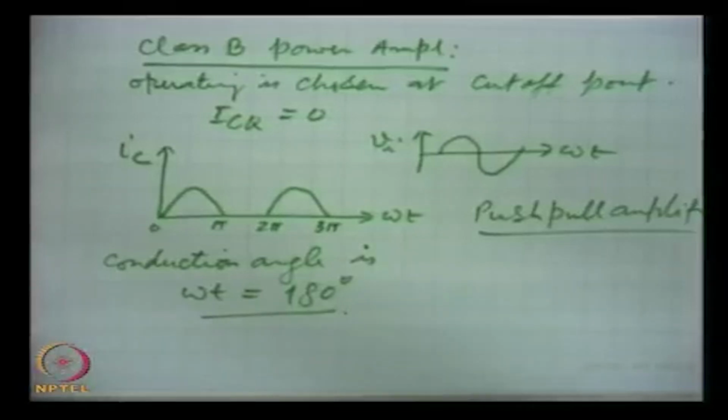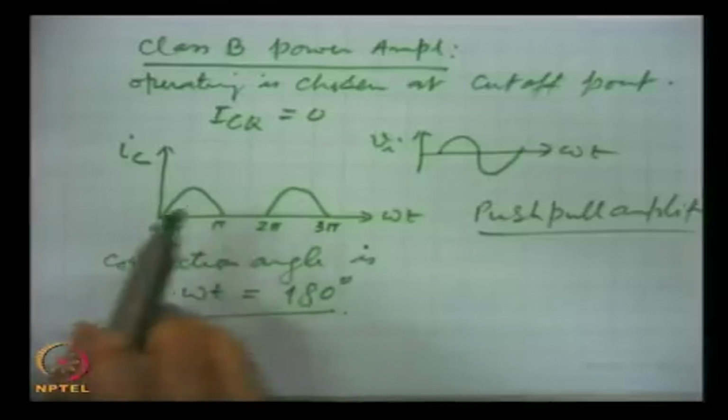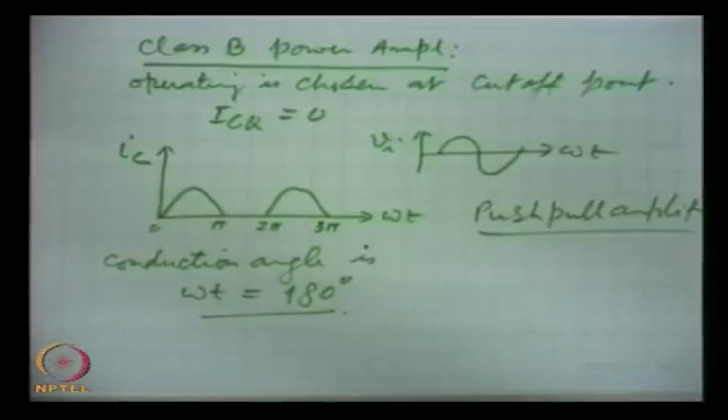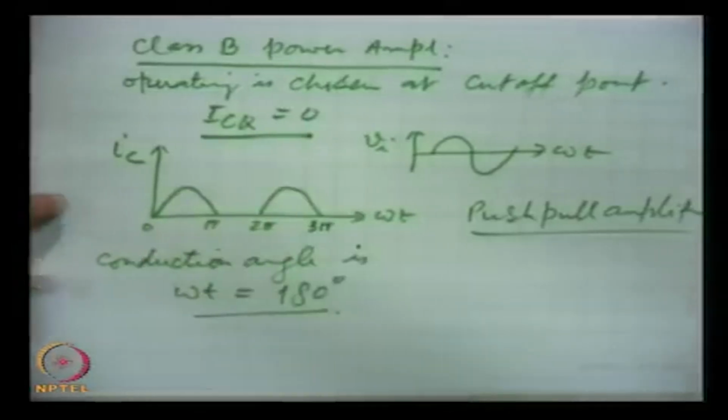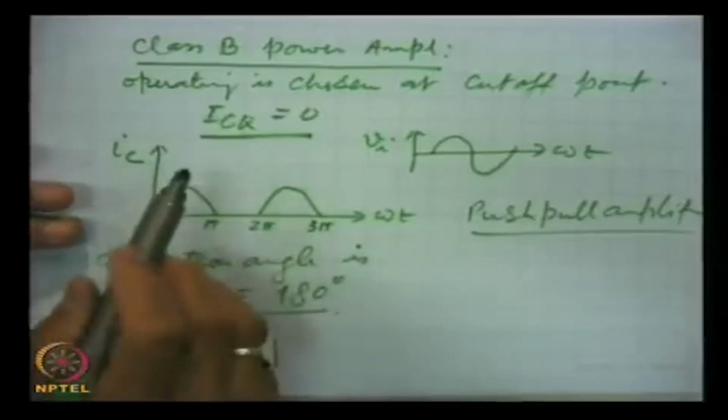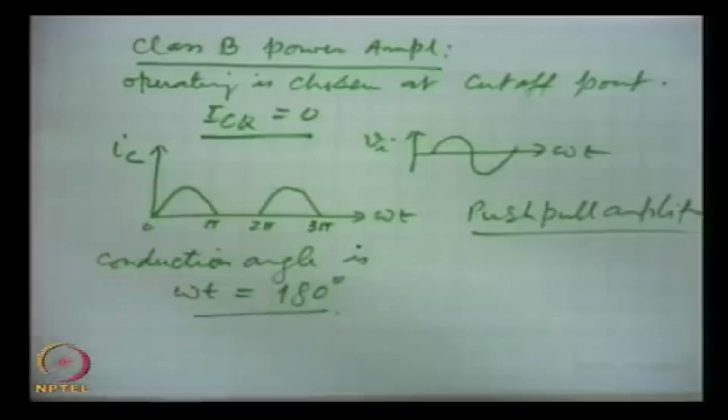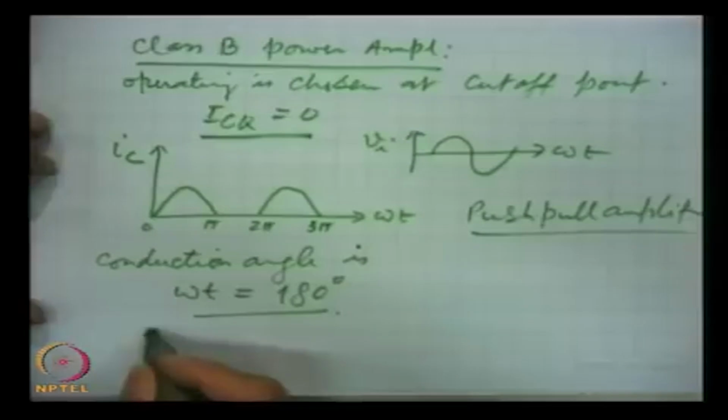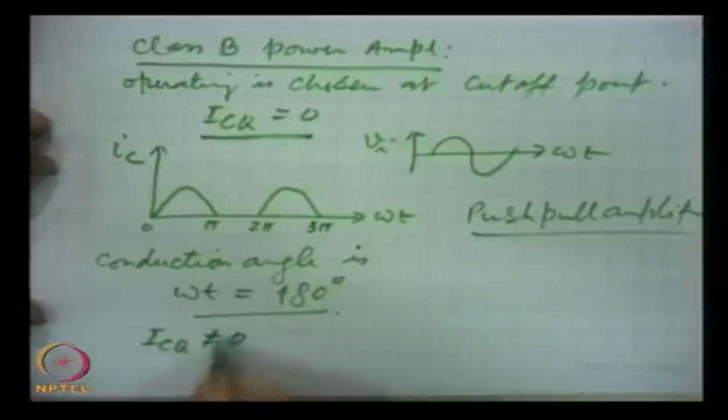As I said, pure B operation will incur some distortions which are often not acceptable. To remove those, here ICQ is 0. Instead of 0, we choose ICQ roughly 10% or less of the peak value of the device. So, this small ICQ is not 0.